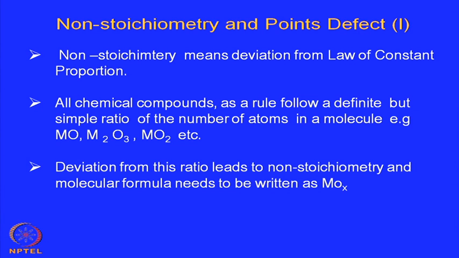If they form in pairs, then of course this ratio will not change, and that is the reason these pair kind of defects are known as stoichiometric defects. The others, singular defects, are called non-stoichiometric defects, because they result in non-stoichiometry of the compounds.